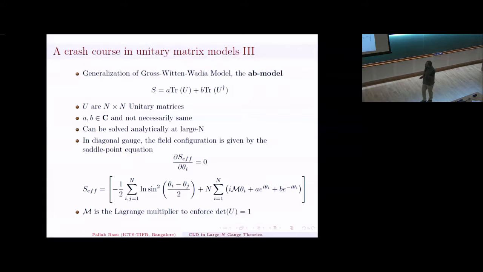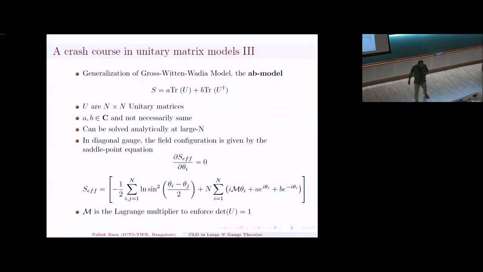As this is an SU(N) model, there are a few things here. At large N, one can go to a diagonal gauge and write the eigenvalues as a e to the power i theta plus b e to the power minus i theta. And there is a very well-known contribution from the measure term, that is dU, which gives a repulsive log sine square of (theta i minus theta j)/2 kind of interaction.